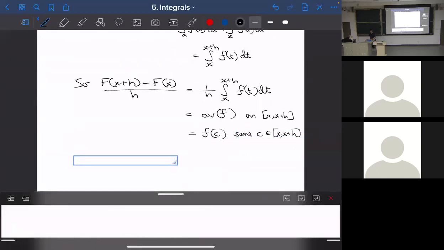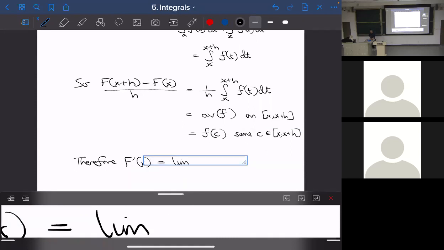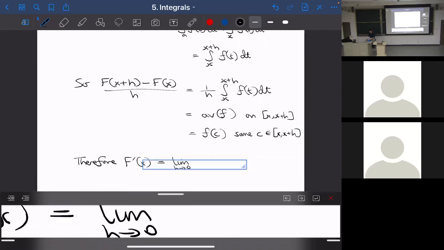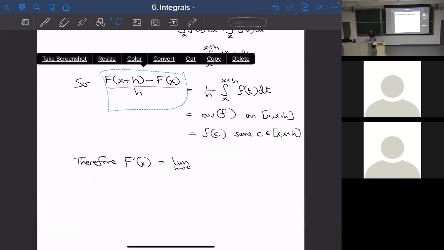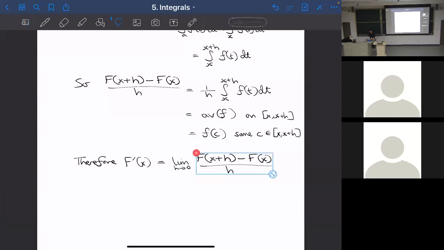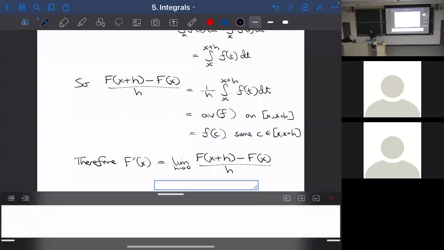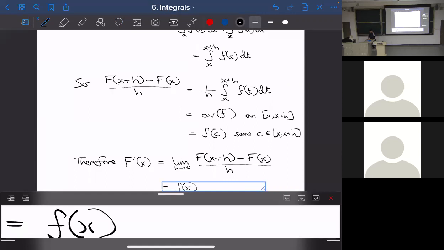And so, when we calculate F prime of x, that is equal to the limit of this fraction here, but that is equal to f of c for some c in between x and x plus h, and as h goes to 0, the limit must be f of x.